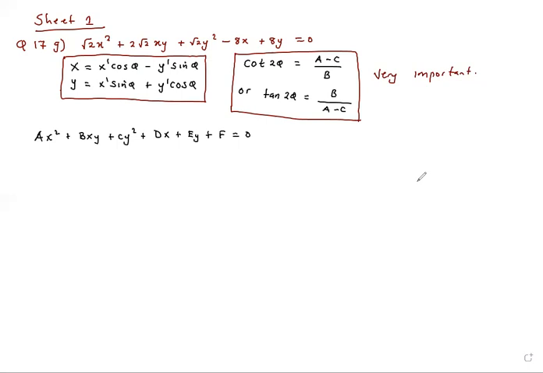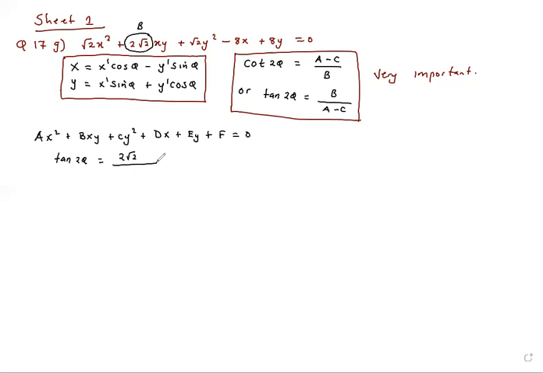So the first thing we need here is to get the angle. So we can use tan of 2 theta. I like tan. So tan 2 theta is equal to b over a minus c, where b is the coefficient of the product, 2 root 2.